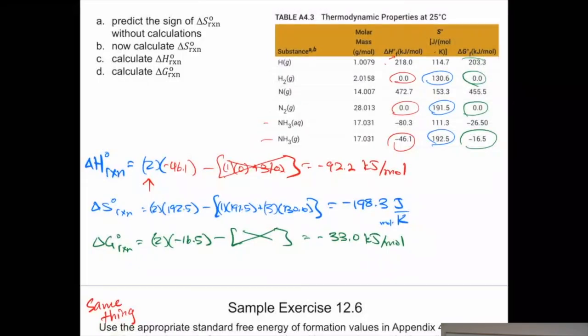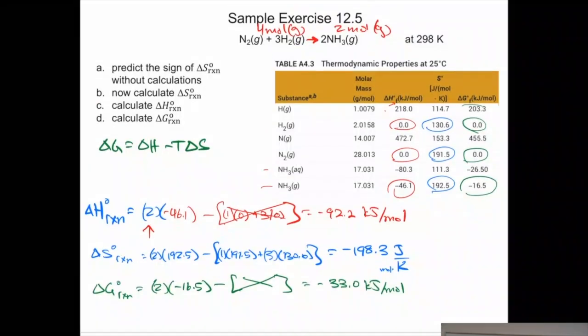But let me also show you now, remember, we've got our master equation, delta G equals delta H minus T delta S. And we're told that this is at 25 degrees, so we're at 298 Kelvin. So we should be able to plug in all these values that we calculated from Appendix 4, and it should satisfy this equation as well, right? Let's see if it does.